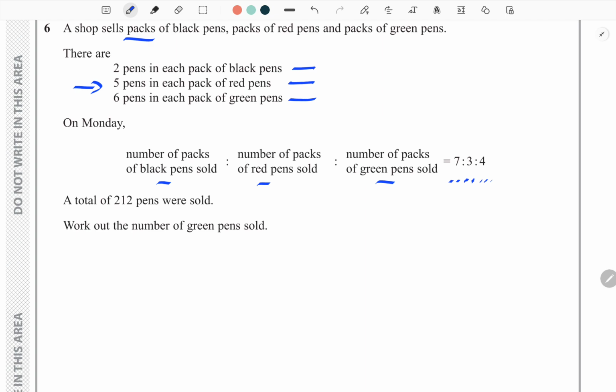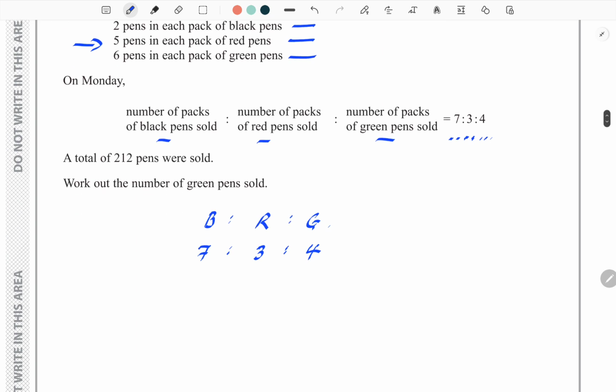So the way we're going to do this is that we know that the black, the red, and the green, the packs are sold in 7, 3, 4 ratio. And then we have to use the information of the number of pens in each pack, all right? And so in the black, we know that the ratio of pens is 2, and red is 5, and in a green pack we have 6, all right?